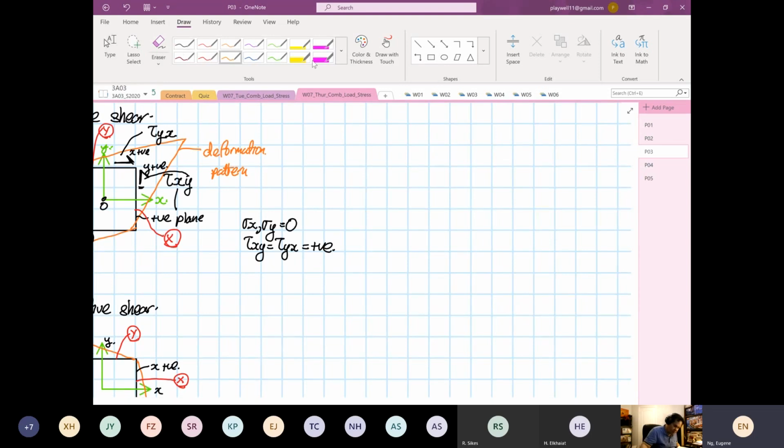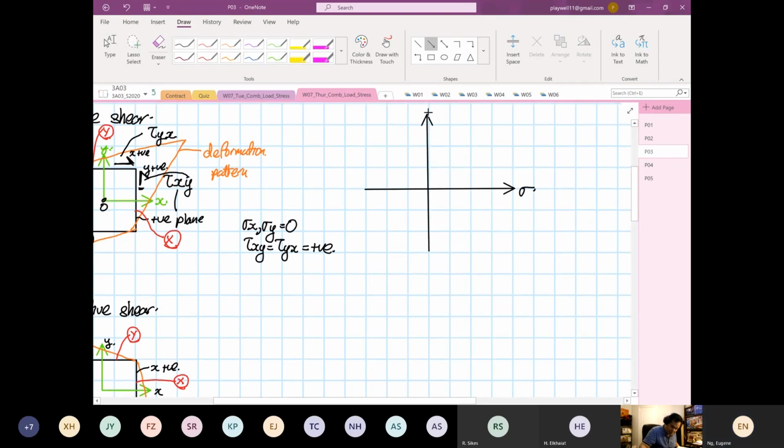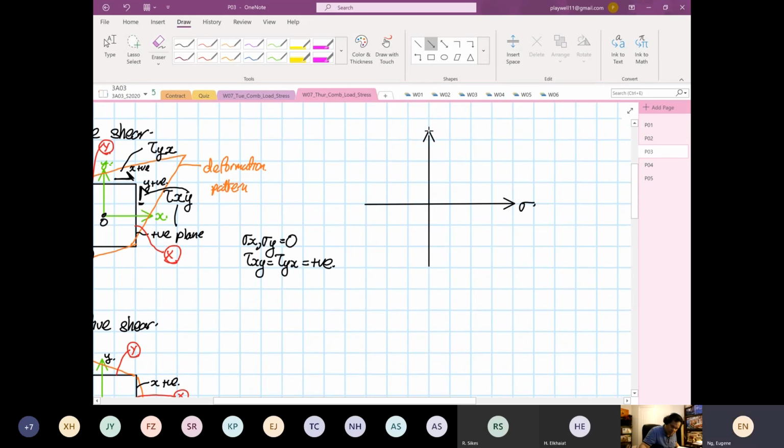So we will come here. This is my normal stress, and the vertical is our shearing stress. Okay.